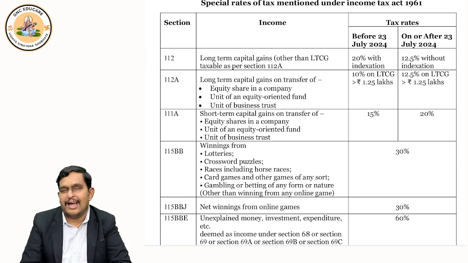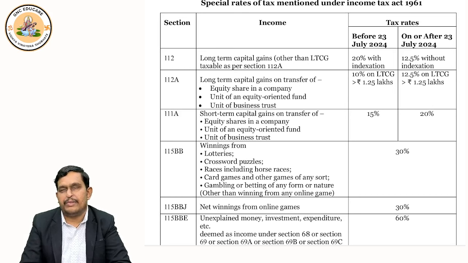Now, these rates are given in the Income Tax Act itself. It's not given in the Finance Act. Okay, so winnings from lottery, winnings from horse races, right? If it is crossword puzzles, online games, right? All that, when you earn the income, 30% is the rate of tax.